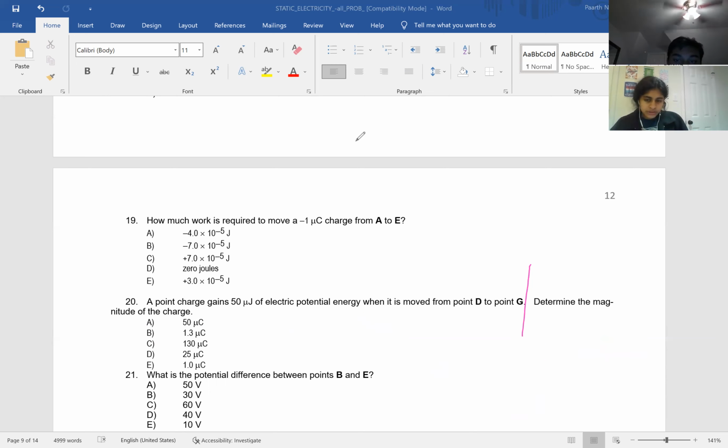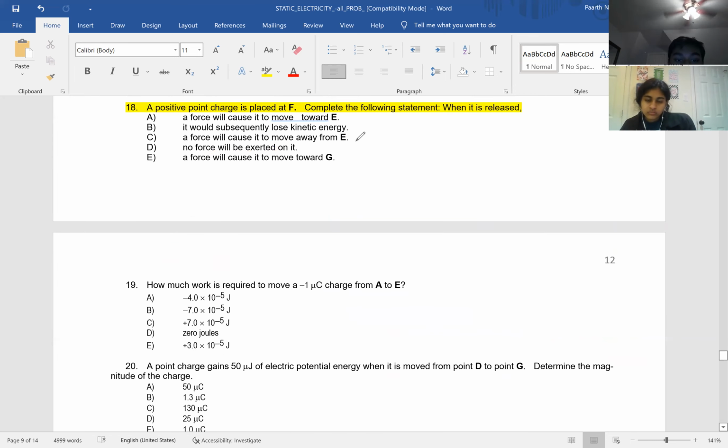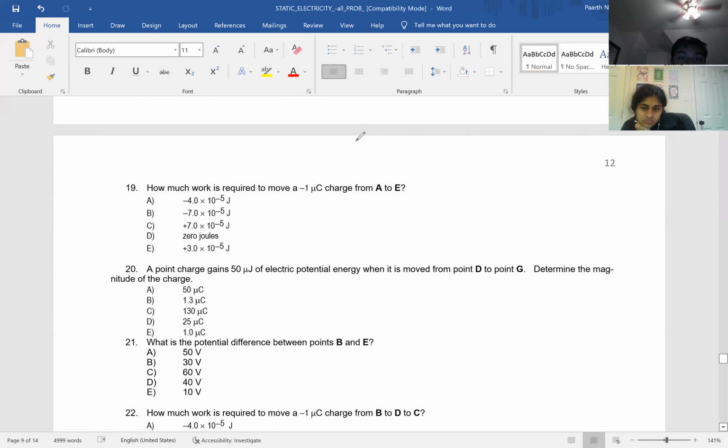Potential difference between B and E is just asking for the change in voltage. If you look at E, it's negative 40 volts and B is 10 volts. Negative 40 minus 10 would be 50 volts. Is that the answer? I think so.